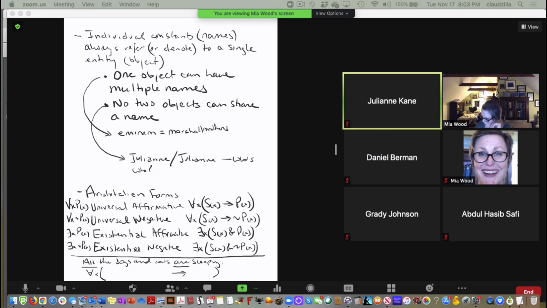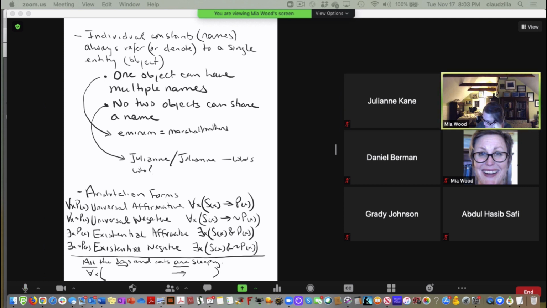Yeah. Okay, so now we've got to deal with dogs, cats, and sleeping things. Well, the sleeping things are on the right side of the copula, the conjugation of the verb to be. So we have sleeping x.